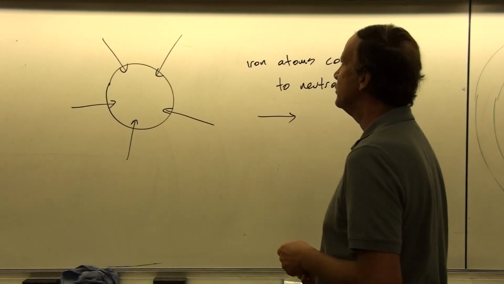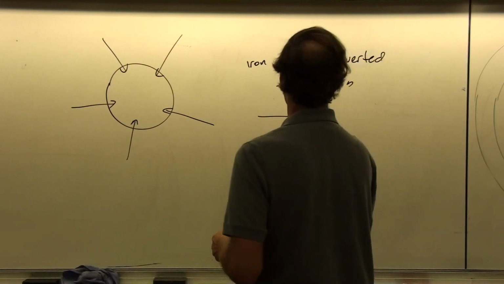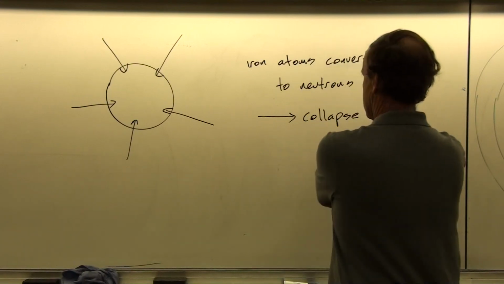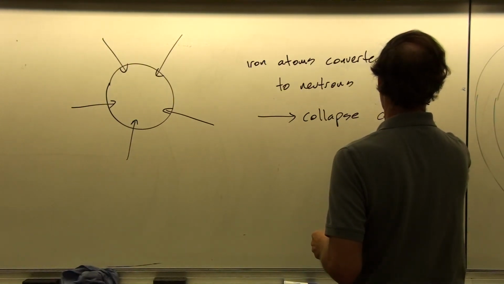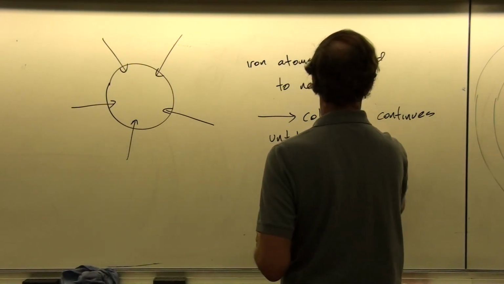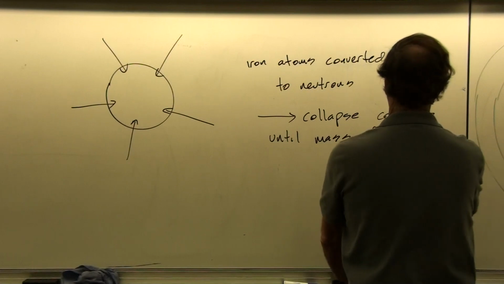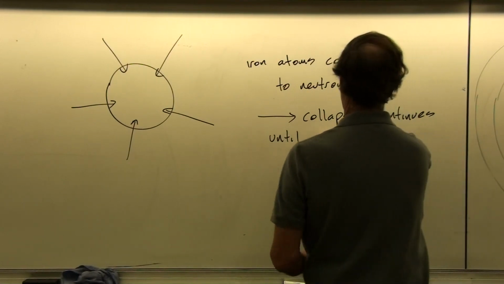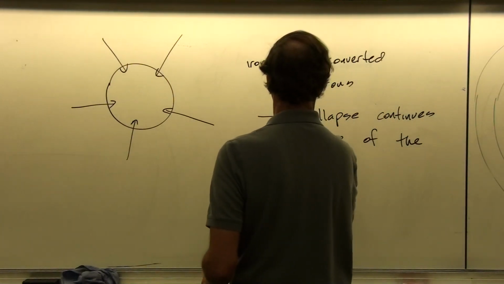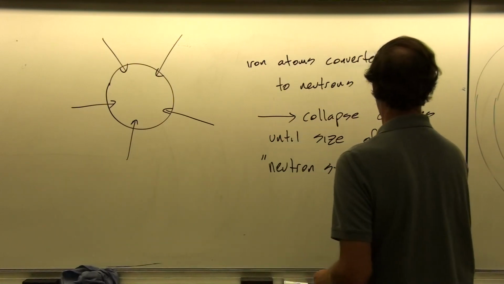And the repulsion between the neutrons stops the collapse of the iron core when it reaches about the size of a city. So we'll actually call it a neutron star.